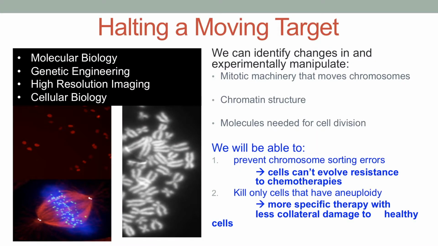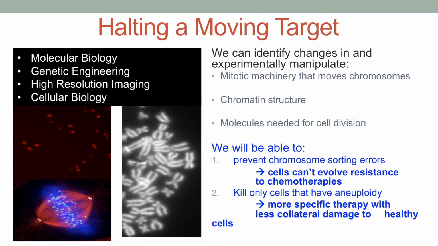So what can I, as a cancer cell biologist, do to address this? Research in my lab is using genetic engineering and imaging-based approaches together with molecular and cellular biology to try to understand how chromosome segregation is corrupted in cancer cells.